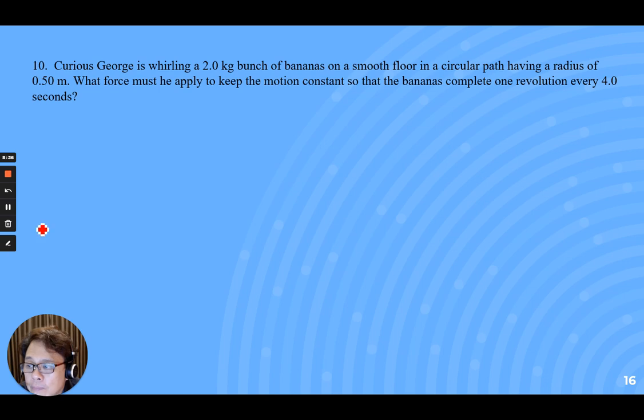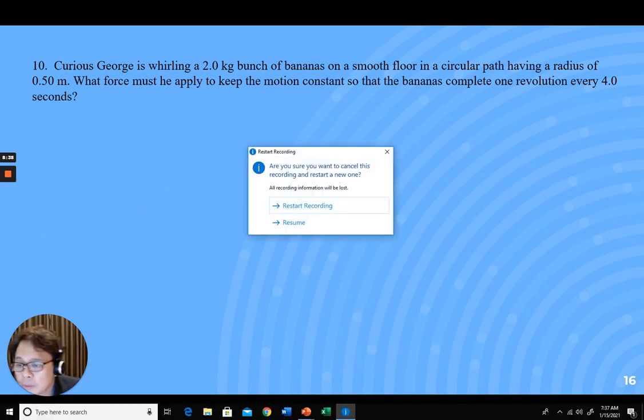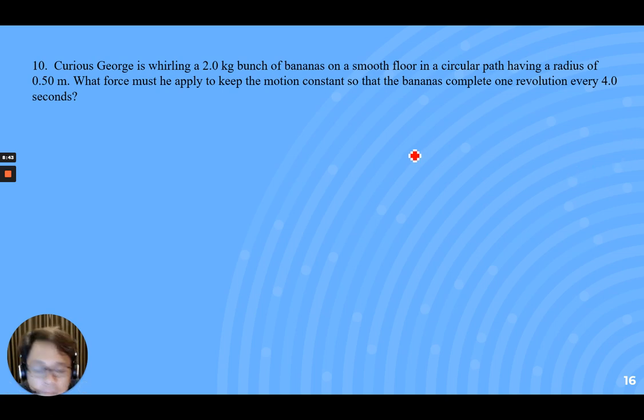One revolution every 4 seconds. So that is omega. Omega is equal to 1 revolution over 4 seconds. Okay.